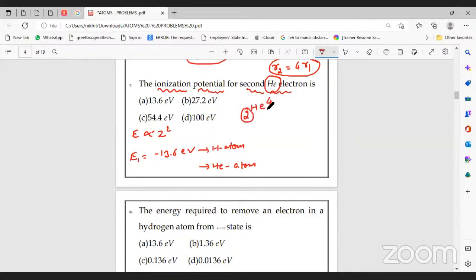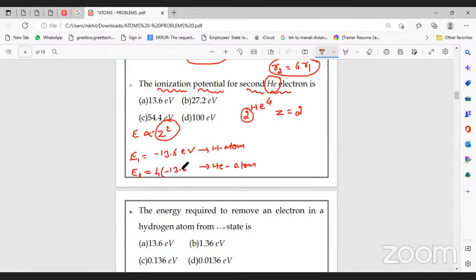What is the value of Z for helium? Z equals 2. So what is the energy in the first orbit of helium? From hydrogen to helium, you have to multiply by Z squared. So Z squared means 2 squared, 4. 4 times 13.6.